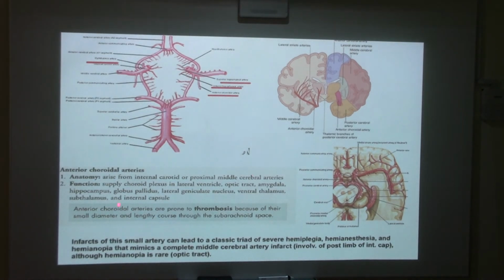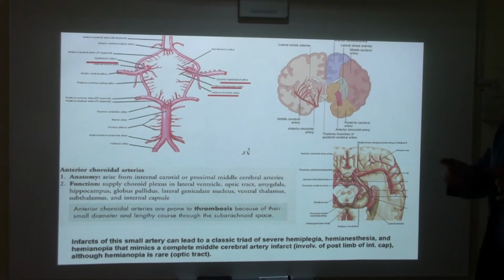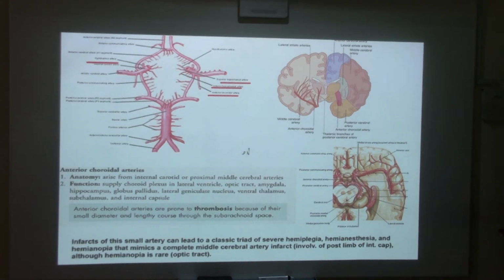Okay, so the anterior choroidal artery, which is one of the branches from the internal carotid artery, is long and tortuous. It supplies all these structures, in particular the internal capsule and the basal ganglia plus the optic tract. So in fact it is prone to thrombosis because of long and tortuous course.